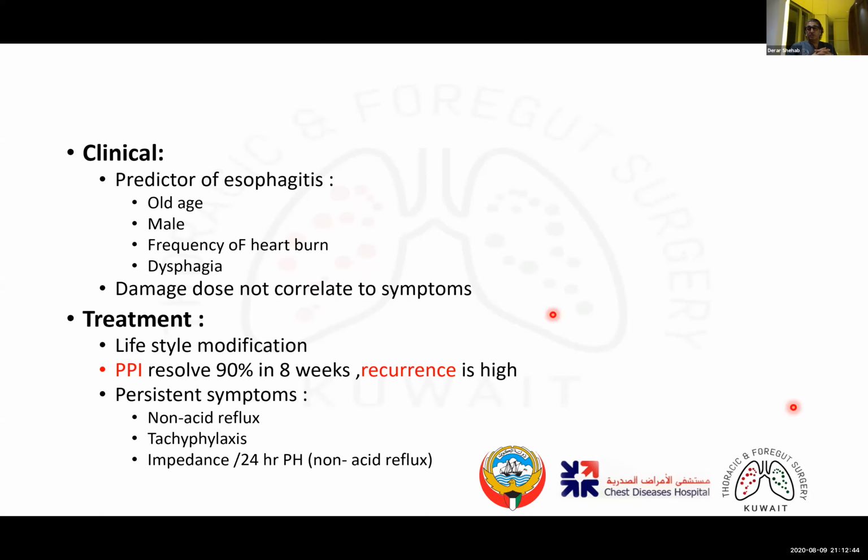If those patients have persistent symptoms, then think of other things like non-acid reflux problems or that the medication is not working anymore, which is tachyphylaxis, and you have to re-investigate again with impedance 24-hour pH study to rule out weakly acid or non-acid reflux.